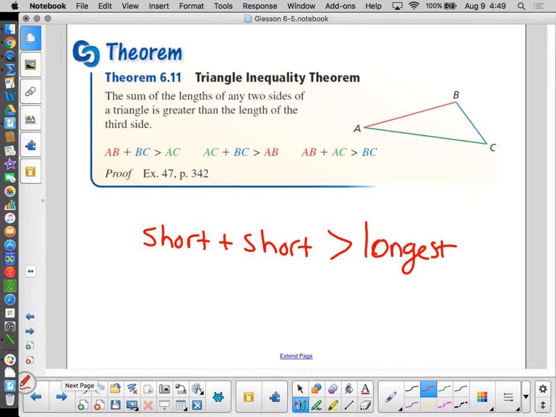Okay? So the sum of the two short sides must be greater than the length of the longest side. That is required for any triangle.